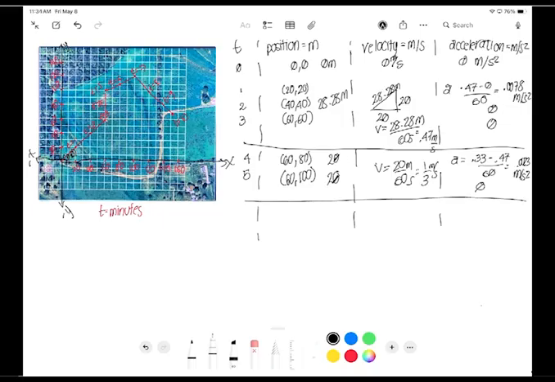So now the following, which is T6 and 7. So T6, we're at 80, 110, and then we're at 100, 120. So using the little right triangle, we went 20, 10, and so that would be 22.36 meters.